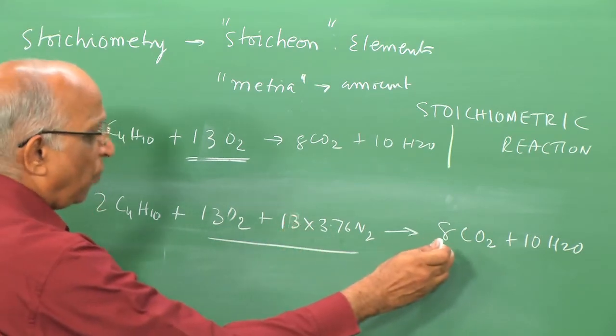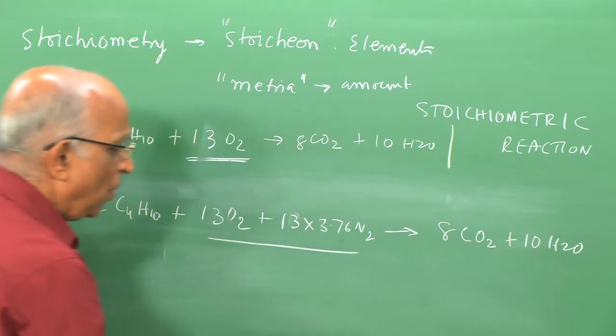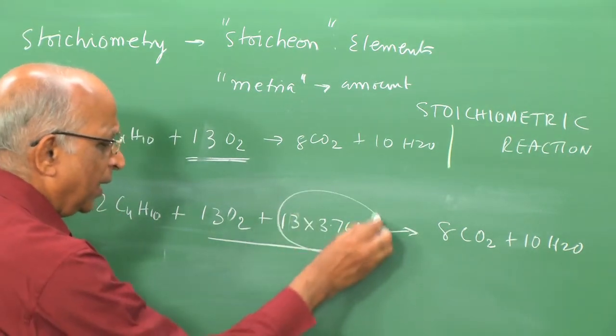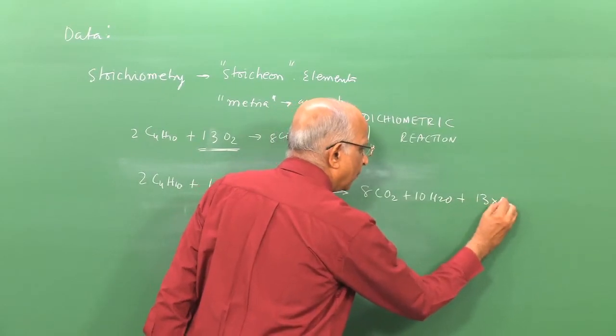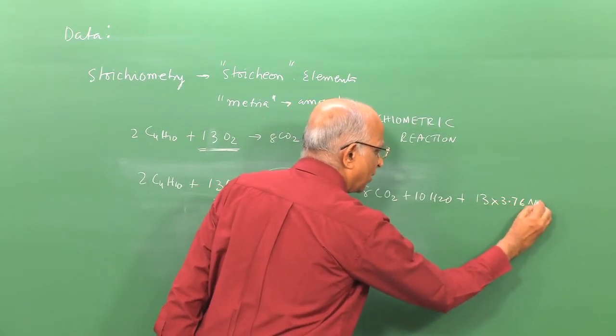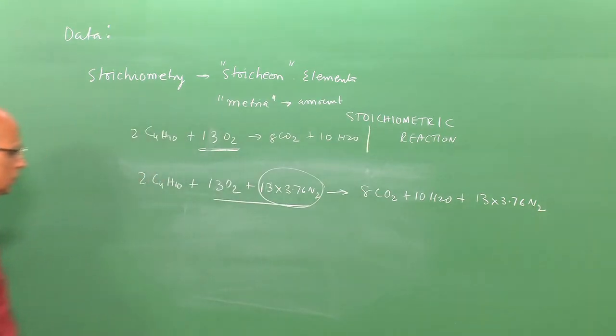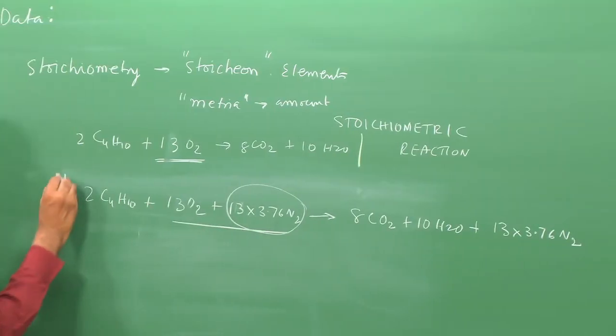Then only I can form 8 CO2 plus 10 H2O, and nitrogen being inert, it gets back into the products as 13 into 3.76 of nitrogen. Now, this is my reaction with air.